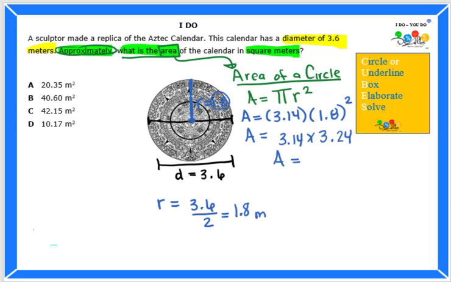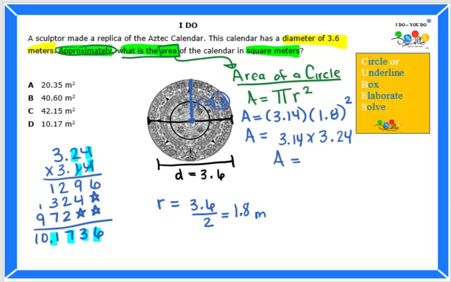Okay, did you get your product? So the product is 10.1736. I will make sure to put our units, which are squared meters.